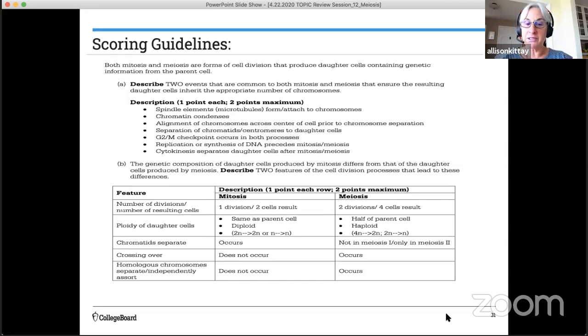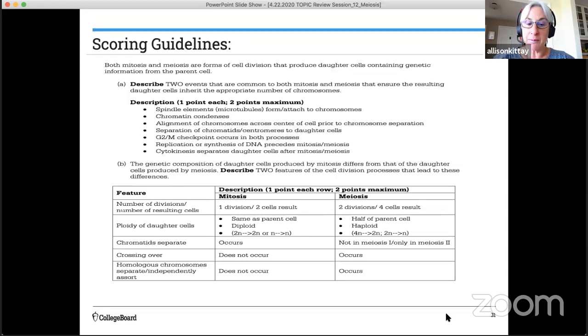For mitosis, the chromosome number is the same as the parent cell. Remember, genetically identical cells, so it's diploid to diploid. And then in meiosis, we have that reduction division. So we reduce the chromosome number by half. So in your gametes, you have 23 chromosomes compared to the precursor cells that they arise from, which have 46.